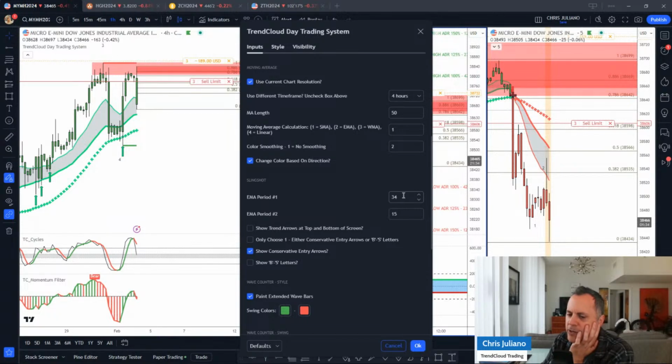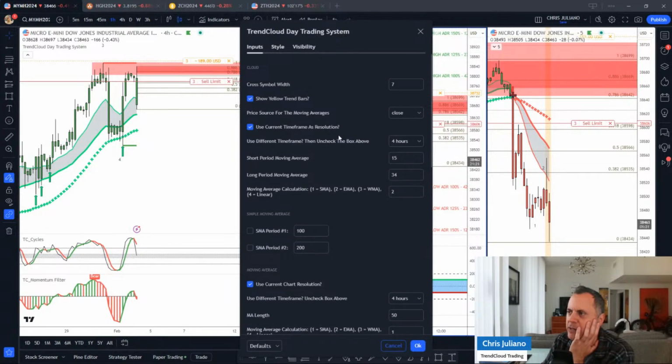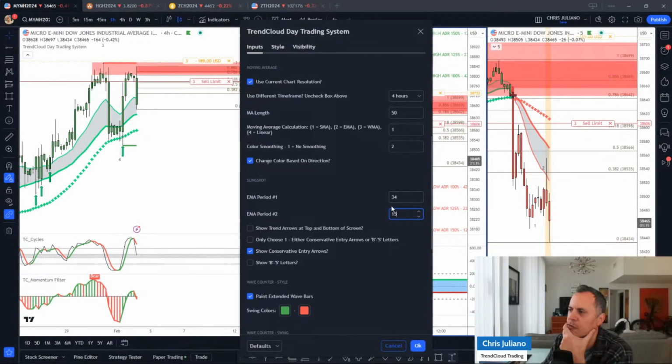Only the numbers are inverted. So now you've got to put 89 and 8 here. So there's two places that you have to do it. This up here is to show the crossover, and this here is to show the trend cloud itself. So there's two places. No, doesn't work.